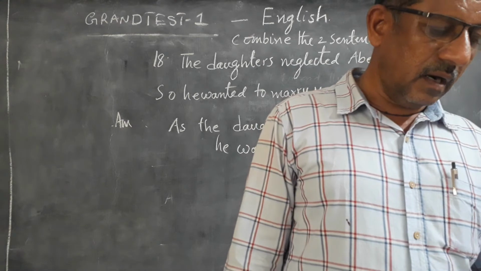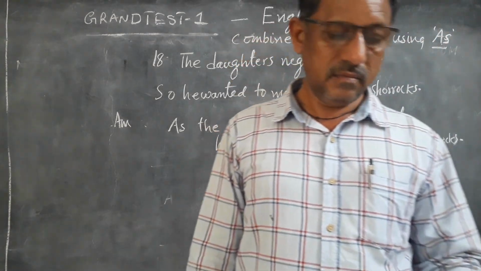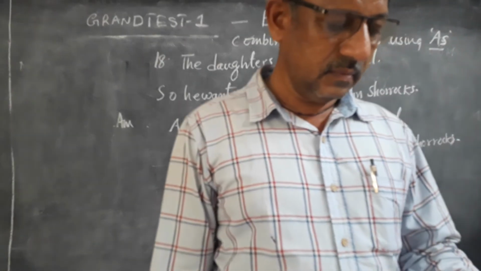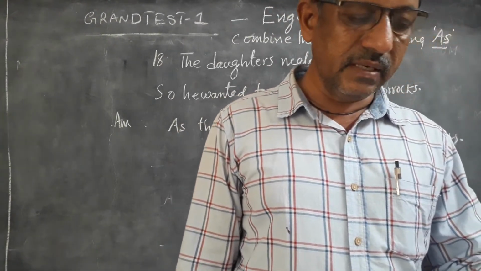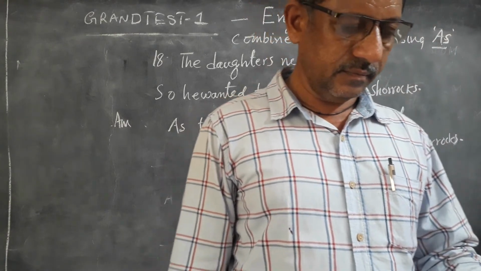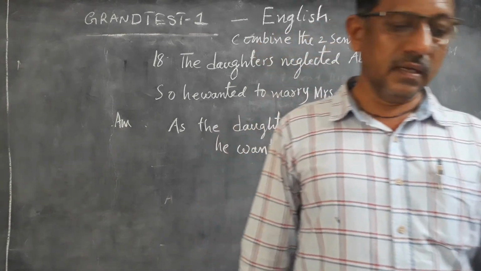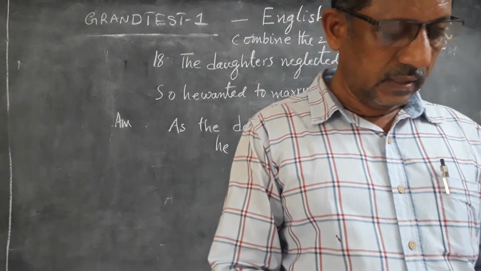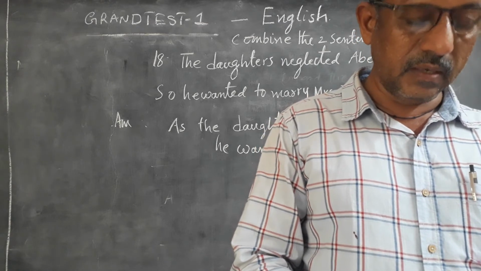The third, austere. Actually, austere means simple, but it is not given, so we can write plain. And next, inessential means unnecessary. Actually, the correct answer is not given here, so I gave the marks.